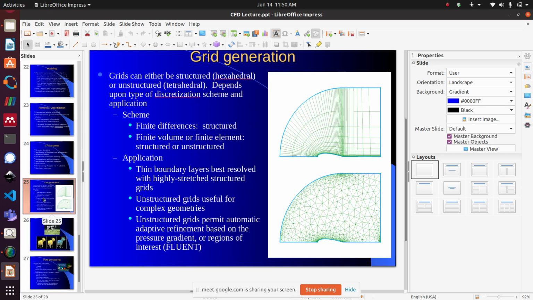So that is the term grid resolution. Highly resolved grids are seen near the wall, and not so resolved grids are seen in the middle of the domain.